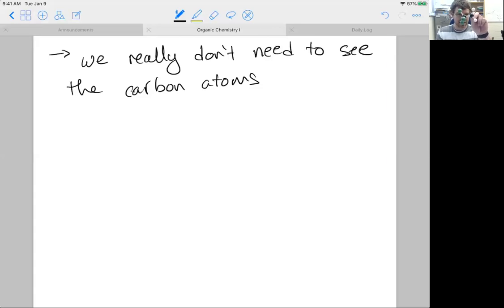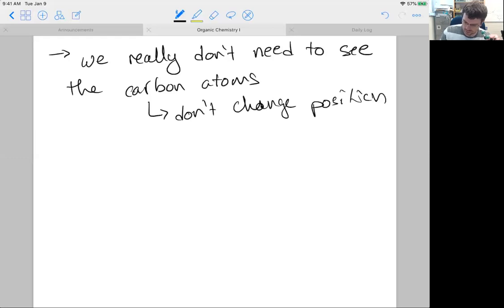But I don't really care what's happening to these atoms. I can spin either side, and if you look, the relative position of the carbon atoms is not changing. The carbon atoms don't change position during free rotation. I mean, they're rotating, but it's not them that I'm worried about.